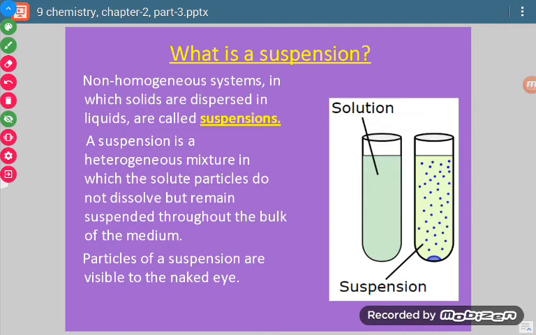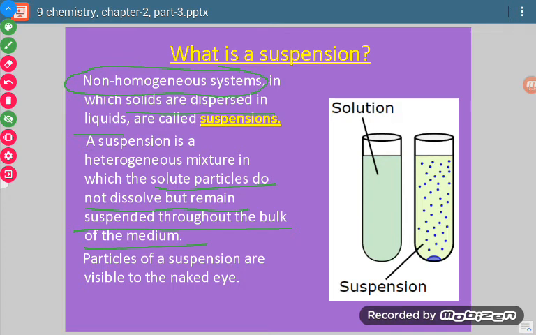Very first thing is, suspensions are non-homogeneous systems in which solids are dispersed in liquids. So when we have to make a suspension, it is compulsory that the solute should be solid and the solvent should be liquid. A suspension is a heterogeneous mixture in which solute particles do not dissolve but remain suspended throughout the bulk of the medium.